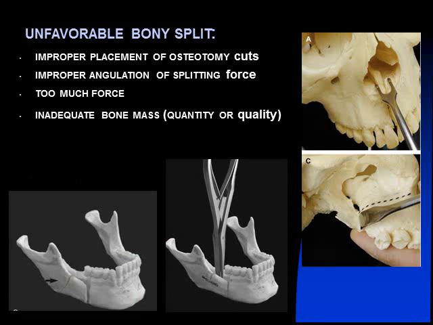Sometimes we can get unfavorable bony splits. We can get fractured bone segments at unwanted sites. This unfavorable, or what is called a bad split, may be due to improper placement of the osteotome in the proper angulation, and we can also apply extra force that may lead to a fracture of bone segments.